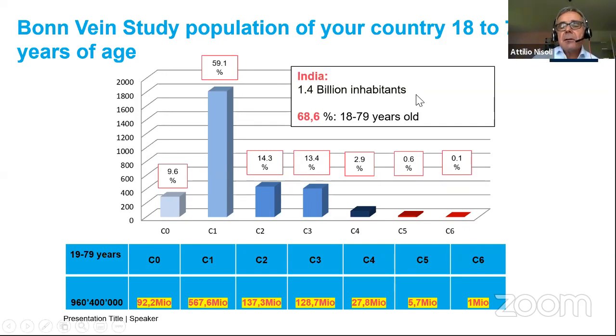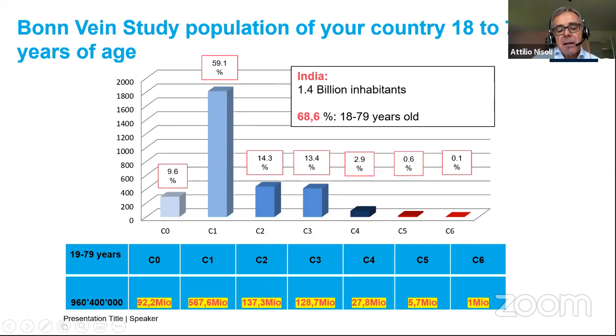This is not very difficult to do, but with the almost 70% spread among these different percentages, it tells us that with spider veins and reticular veins, the 60%, in your country we are talking about more or less 567.6 million people affected.